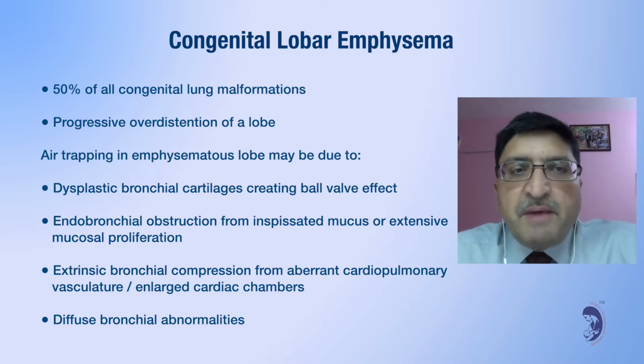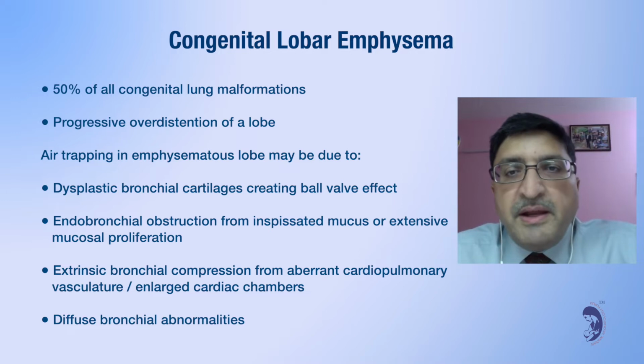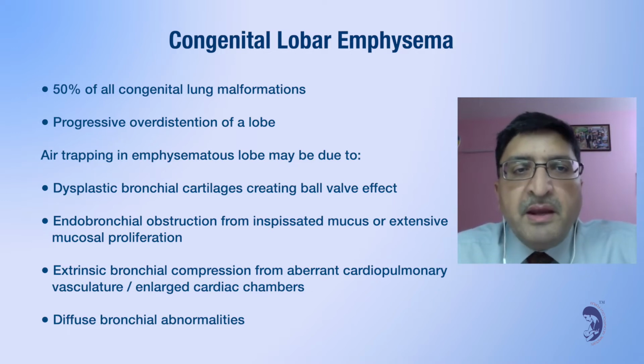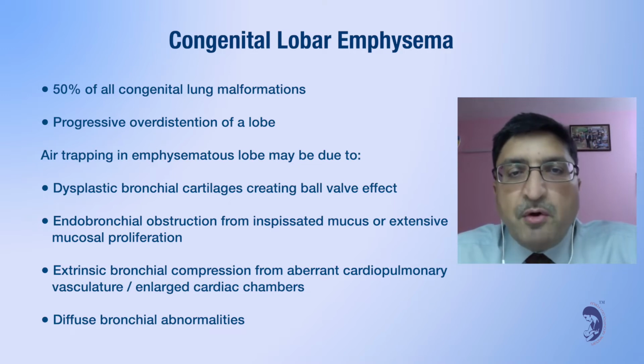It may be caused by endobronchial obstruction from inspissated mucus or extensive mucosal proliferation. It may be caused by extrinsic bronchial compression from an aberrant cardiopulmonary vasculature or enlarged cardiac chambers, or it may be even from diffuse bronchial abnormalities.